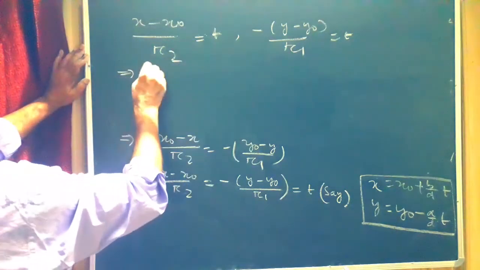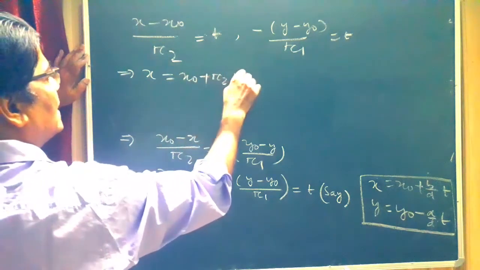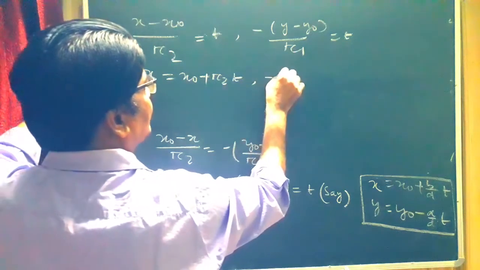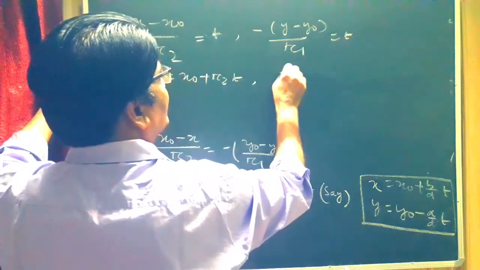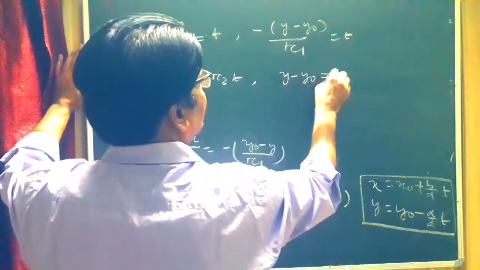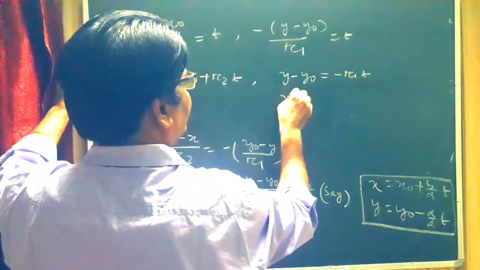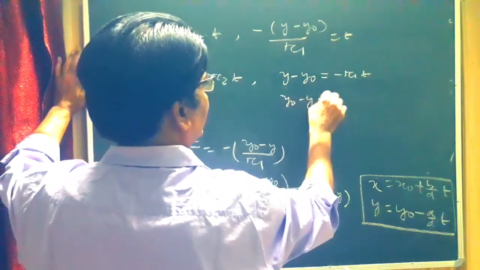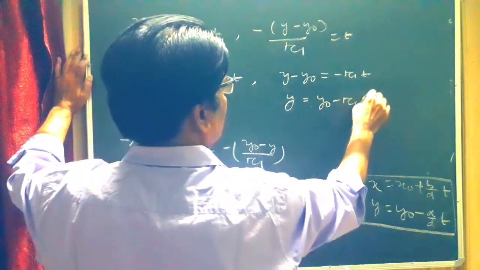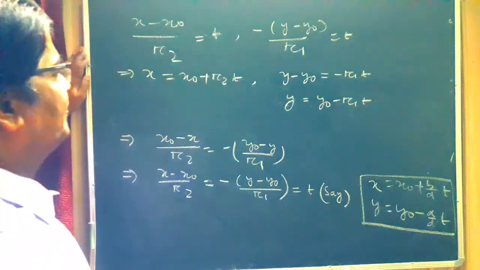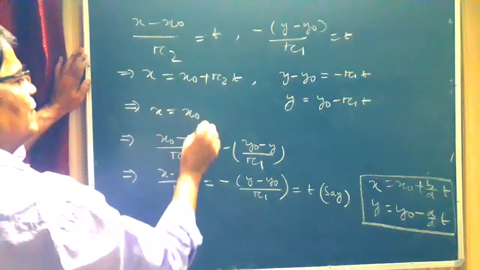So this gives us x = x0 + r2t, and y - y0 = -r1t, which gives us y = y0 - r1t.